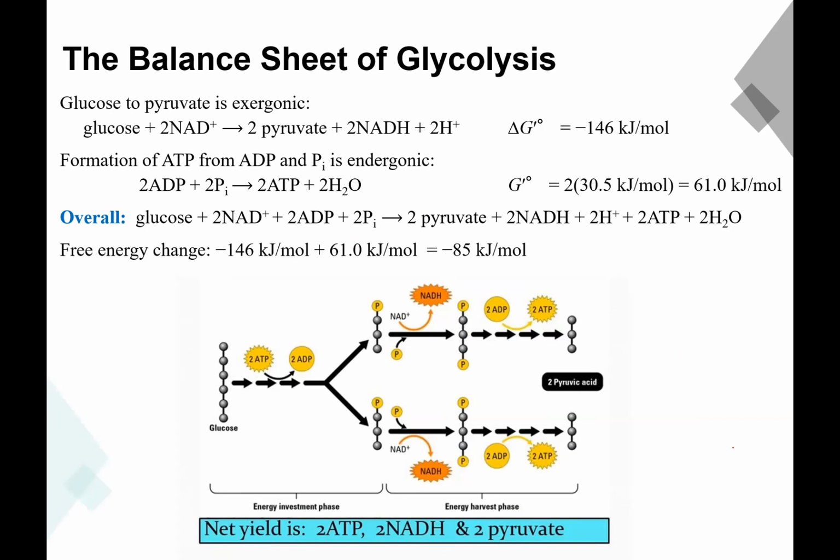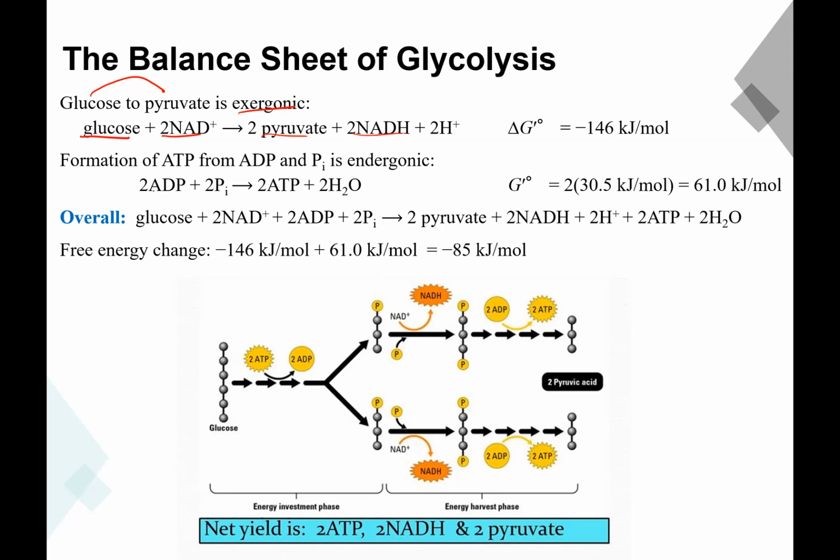In terms of free energy, the transformation of glucose to pyruvate is indeed exergonic. But we also have some energy costs. The exergonic part is, if we look at this reaction right here, glucose and NAD+ being converted to pyruvate and NADH. But we also know we have a net yield of ATP in this reaction.